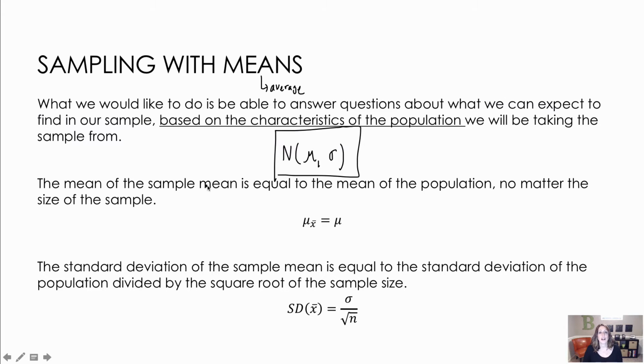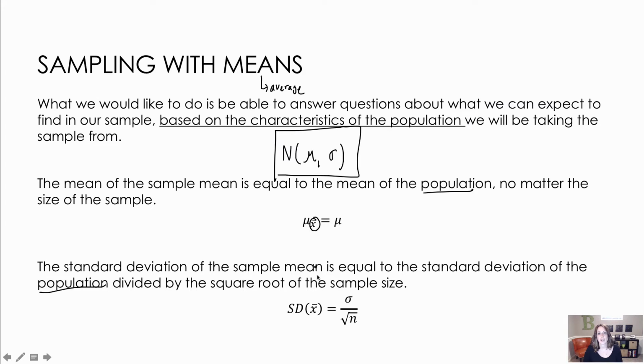Now, the mean of the sample, so if I asked you for the normal model, the mean of the sample, notice the way we're denoting that, the mean of the means of x's is equal to the mean of the population. So if I know the population mean, I just use that mean. The standard deviation of the sample is not the same as the standard deviation of the population.